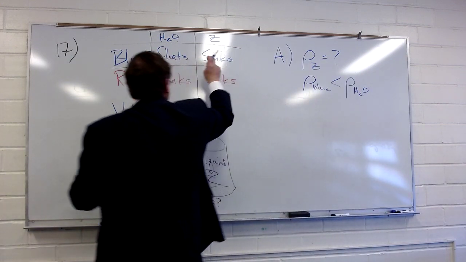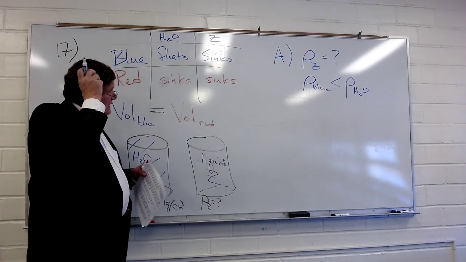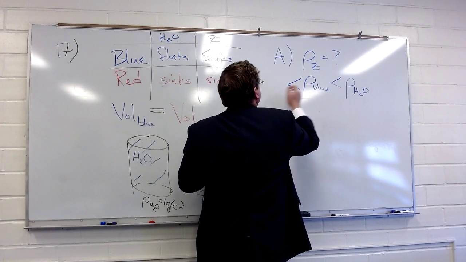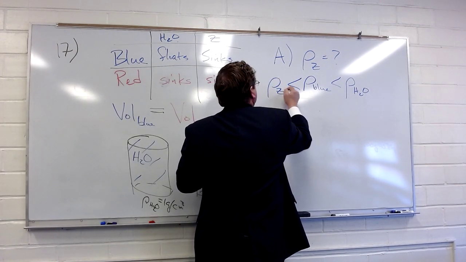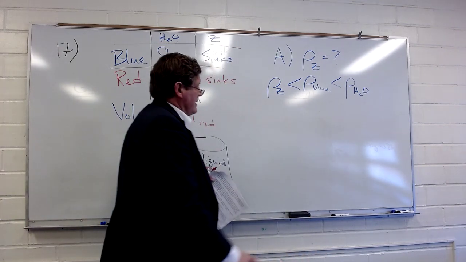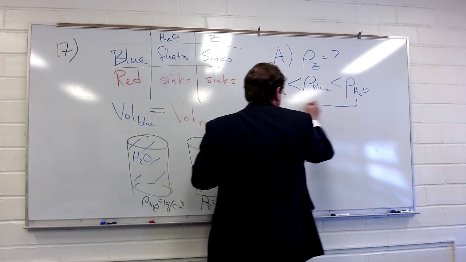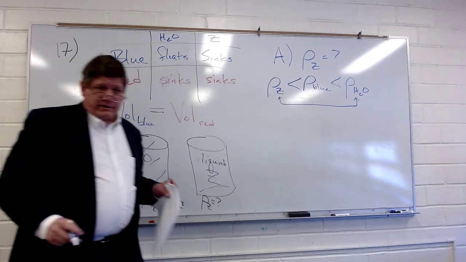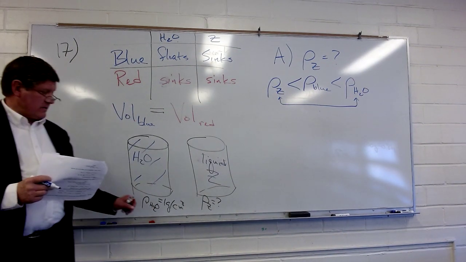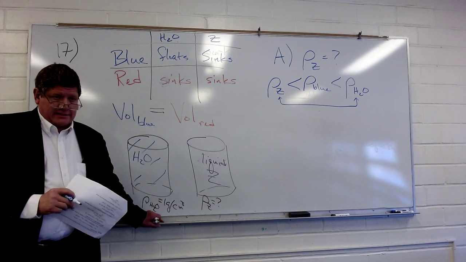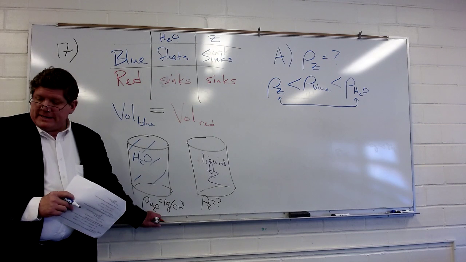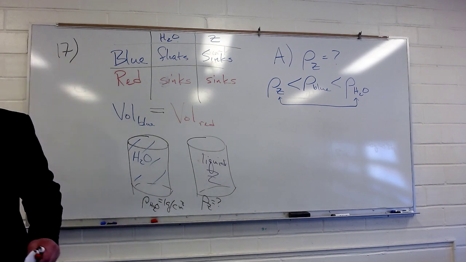But the blue object sinks in liquid Z, and that tells me that the density of the blue object is greater than the density of liquid Z. And so now if I compare these two, the density of water has to be greater than the density of liquid Z, and that means the density of liquid Z is less than that of water. Okay, easy peasy, no problem.